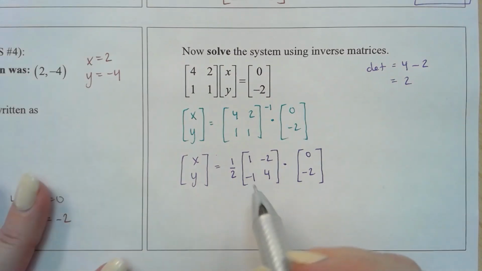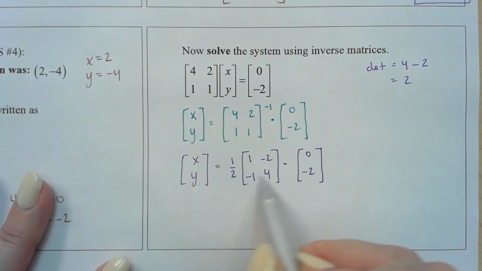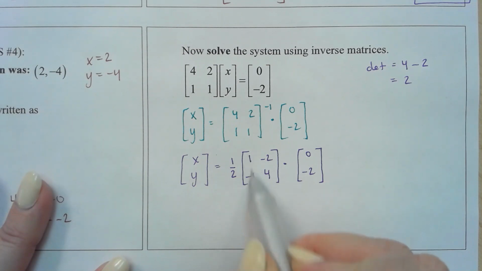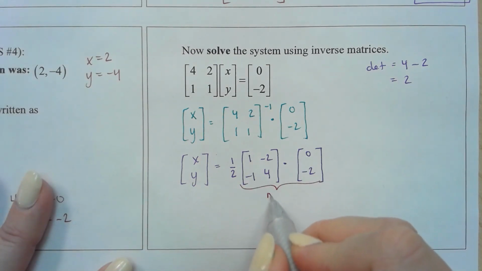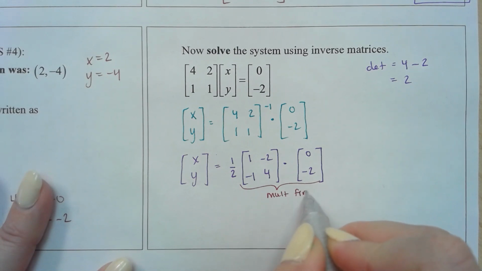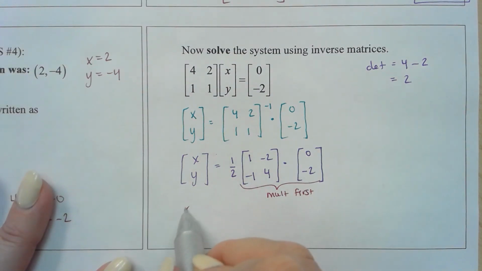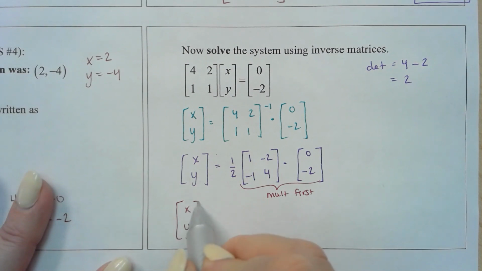Great. So again, I could multiply everything in here by 1/2, and maybe you don't mind the fractions, maybe you do. Or maybe you want to multiply these first and then take care of the scalar product. That's what I'm going to choose to do.